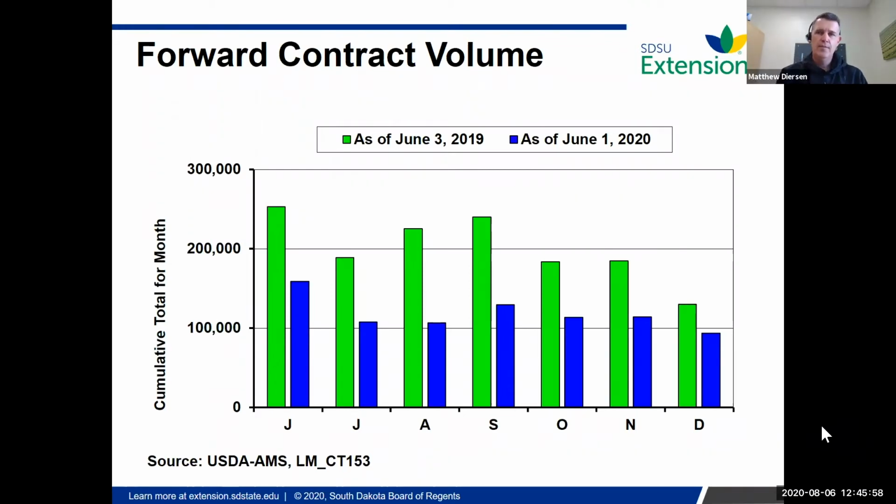Here's a chart from a month ago when I took a snapshot look at what happened with forward contracting through the COVID problems. This was as of the beginning of June compared to a year earlier.